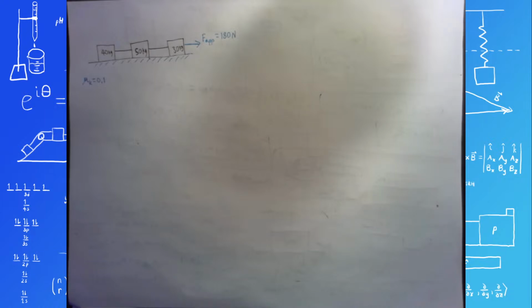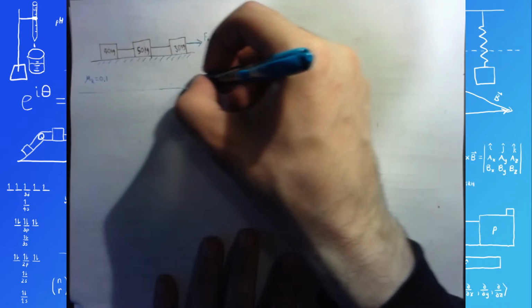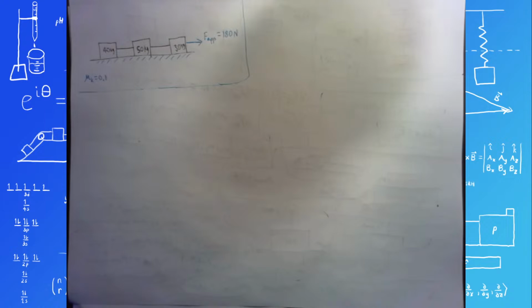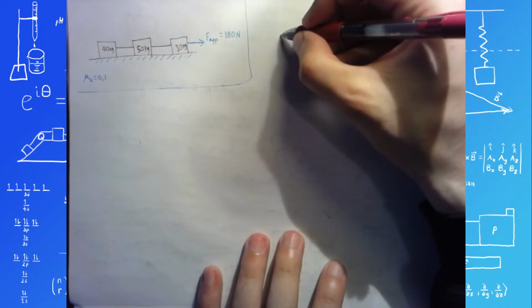Okay. Find the acceleration of the system and the tensions in the ropes. Well, 3 objects call for, I've said it before and I'll say it again, 3 objects, 3 diagrams.